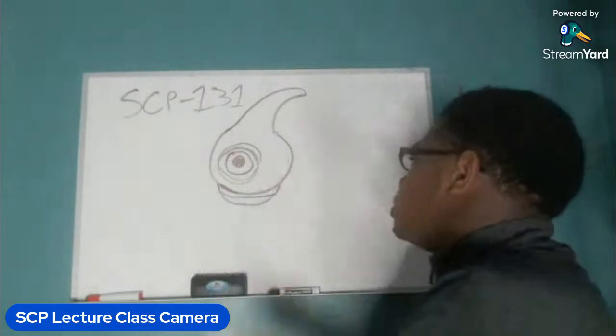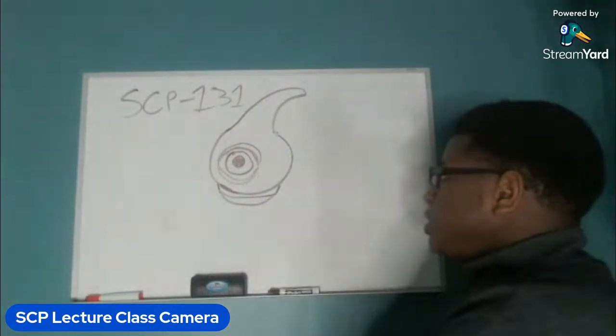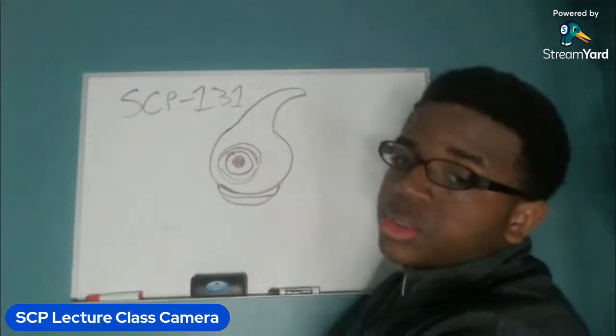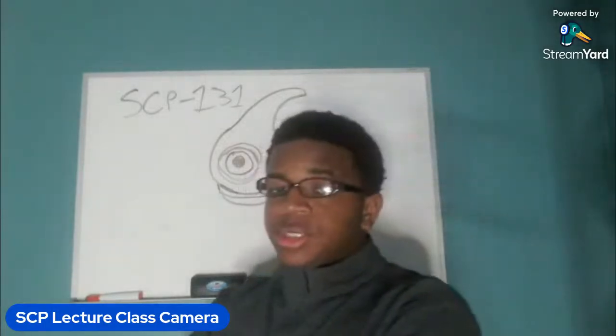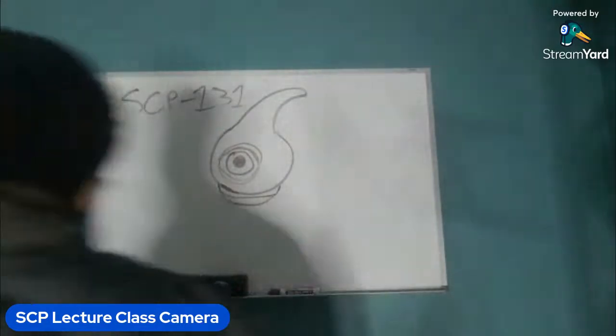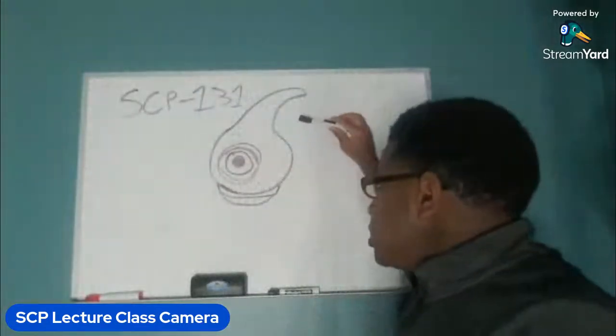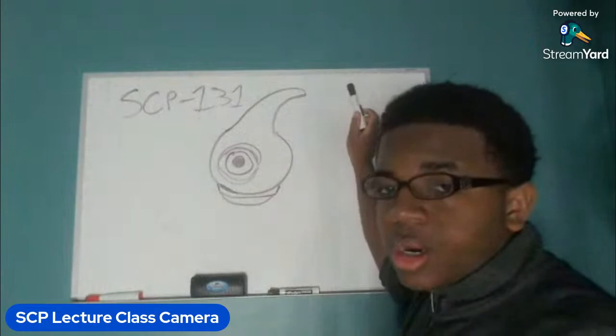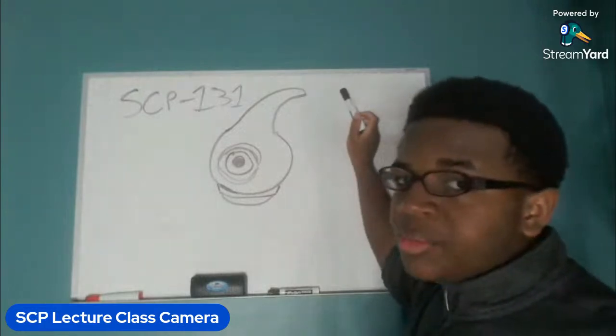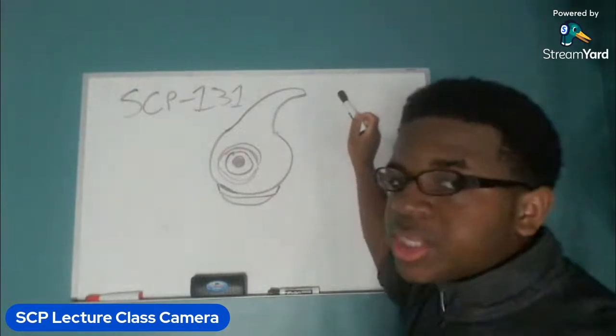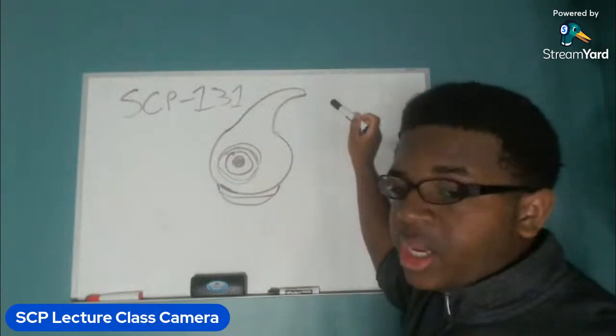So, SCP-131 is a good example of a safe class anomaly. I've said many times that anomalies under safe class doesn't mean that they're harmless. It just means that they're easy to contain.